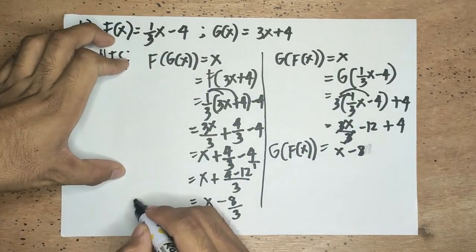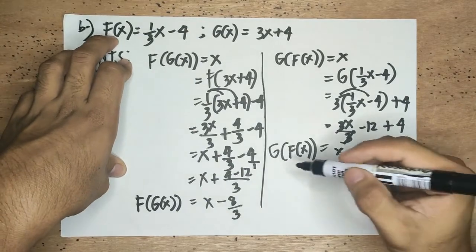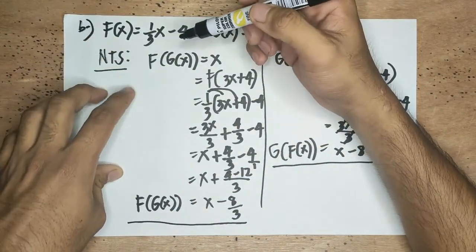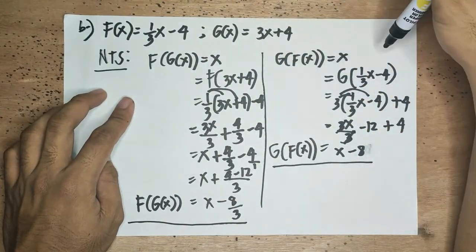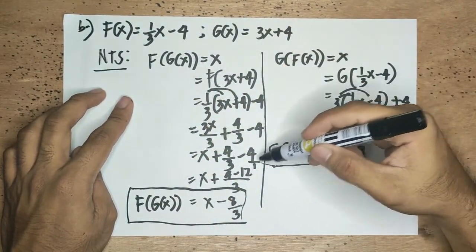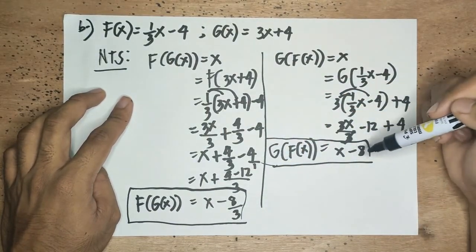And then, this is the equivalent of f of g of x. Since, nung sinubukan nating kunin, kung ang equivalent nila ay x, ang lumabas ay hindi x. Ang lumabas, instead of x, we have x minus 8 all over 3 and x minus 8.